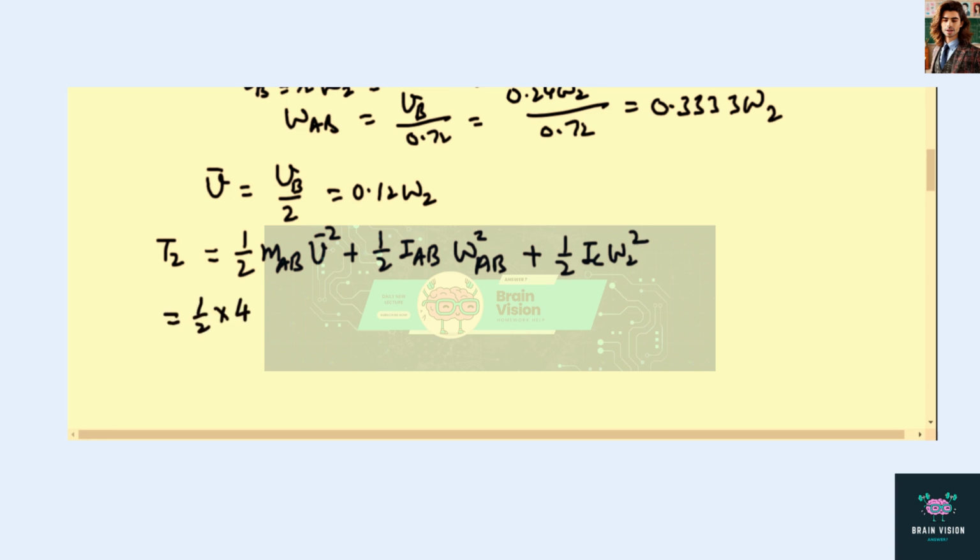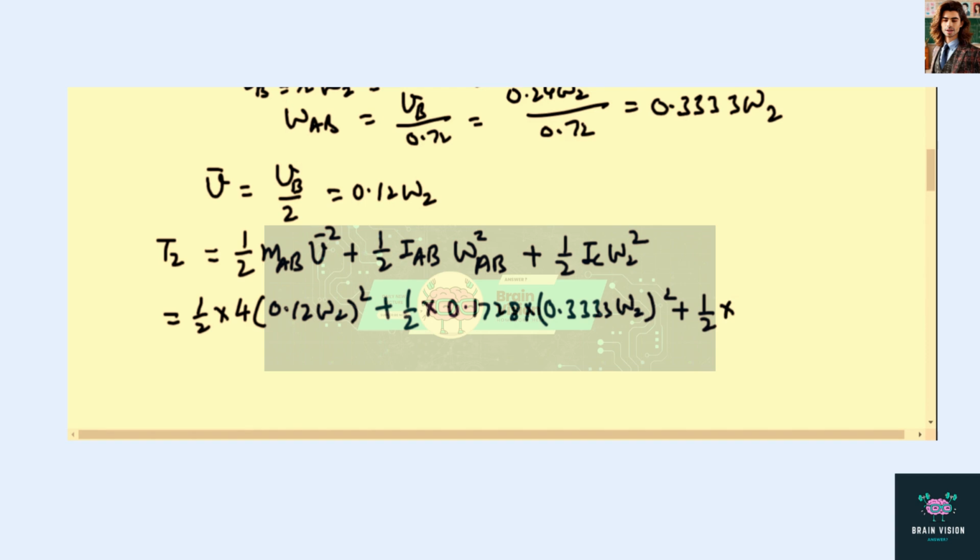Substituting the values, mass of the rod AB is 4, velocity of center of mass 0.12 omega 2, moment of inertia of the rod is 0.1728, and angular velocity is 0.333 into omega 2 whole square.